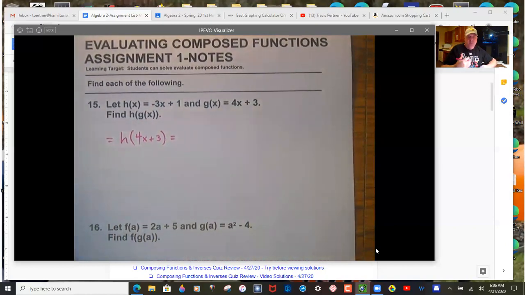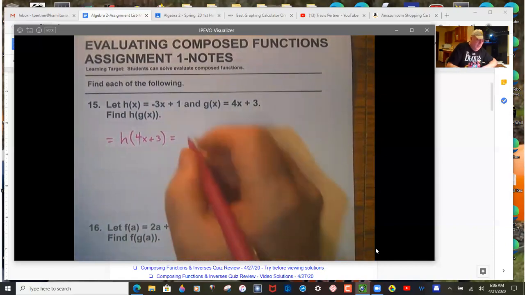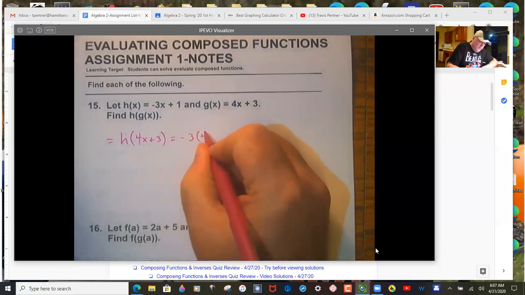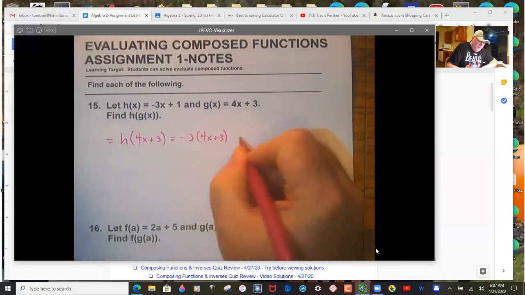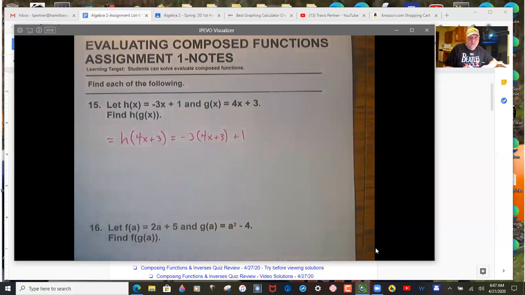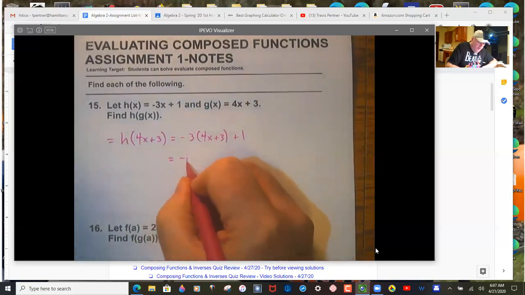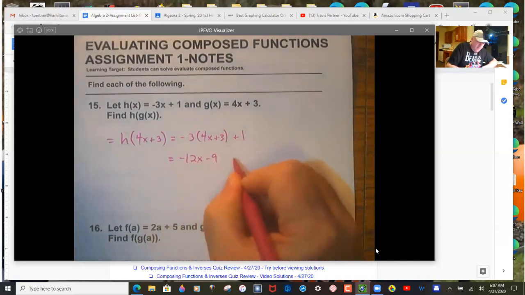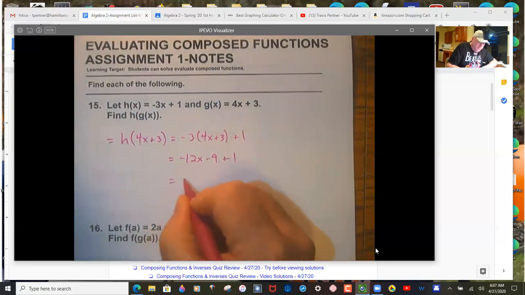We're putting 4x plus 3 in for x in the h function. A little confusing, but that's literally what you do. And if you write down this intermediate step, it might help. All in all, these are much easier than our logarithm section.